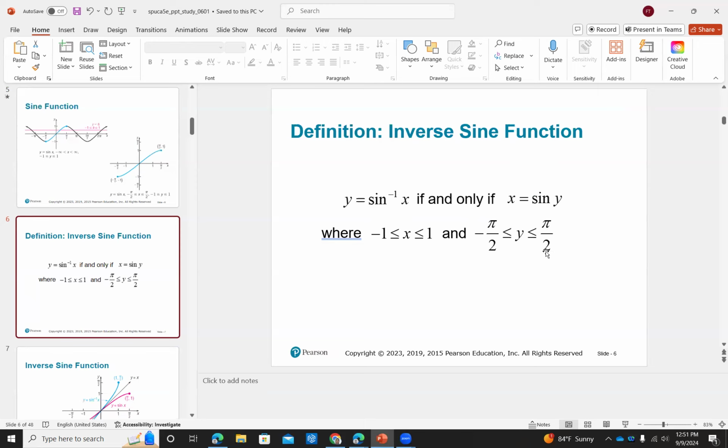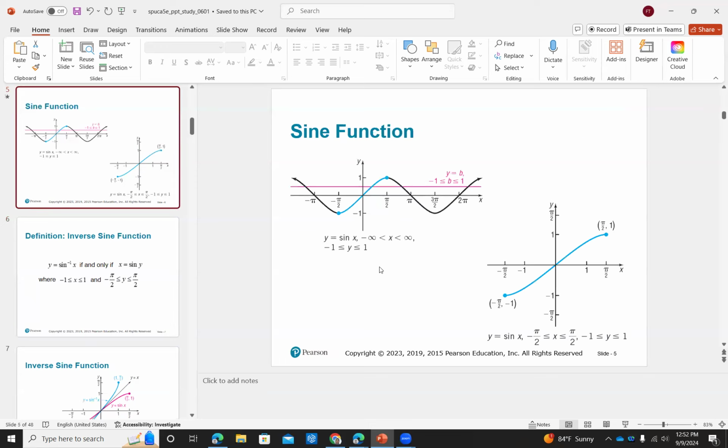Now, for any function in math class, the function and its inverse switch their x and y values. So when we had y equals sine of x, if we now want to call it y equals inverse sine of x, the restricted domain for the sine function was -pi/2 to pi/2.